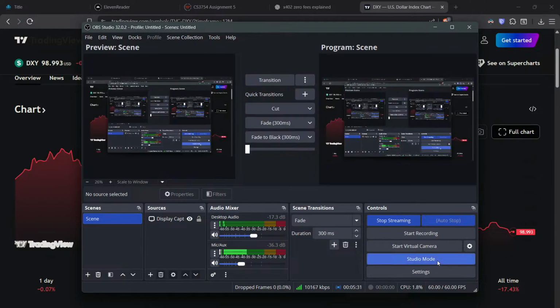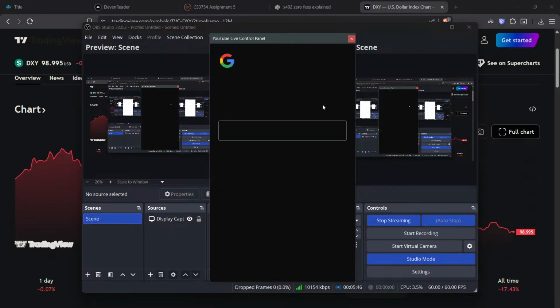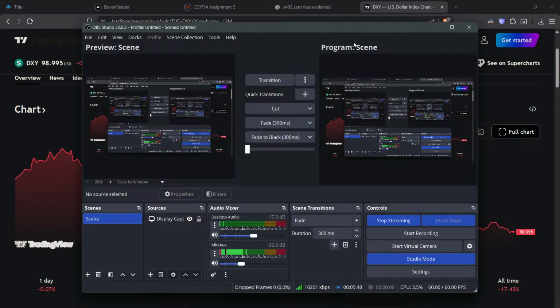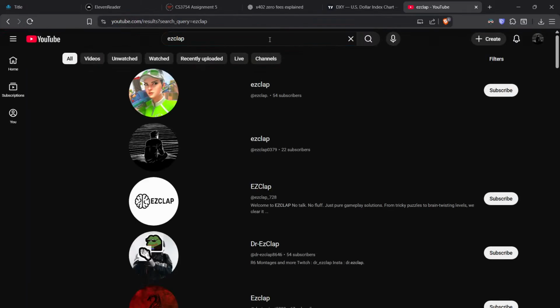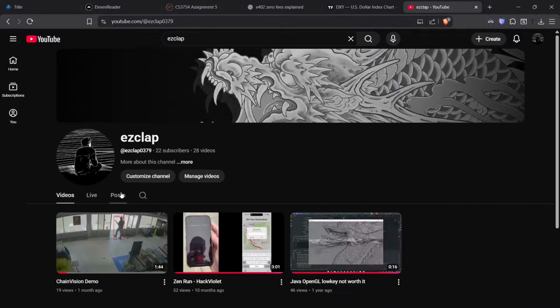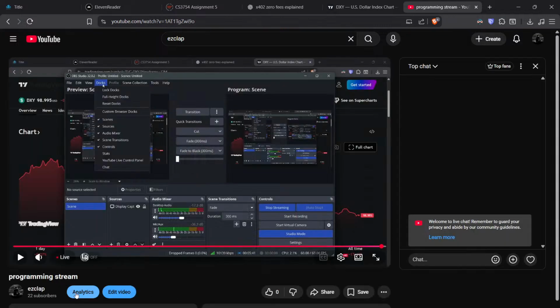Start with studio mode. Studio mode? What's this? Program, scene, transition. Nope. Docs. Okay, I don't know. Maybe I can change it real quick over here. I don't want to do this on stream. By the way, if you guys can't tell, I suck at streaming. Let's see, edit video. Yeah, I think that works.